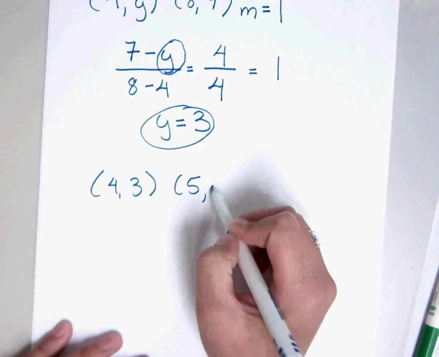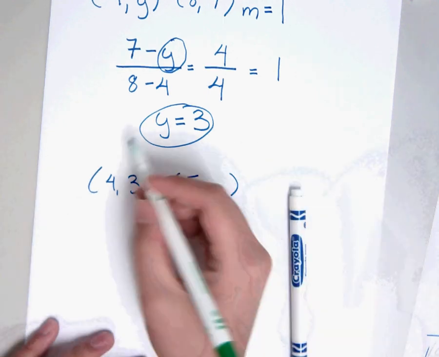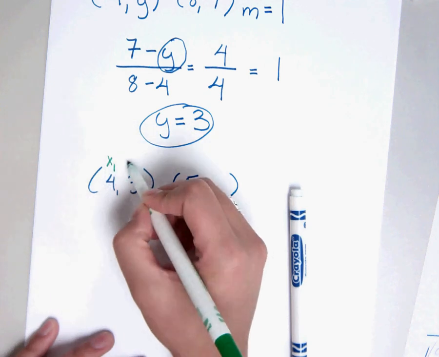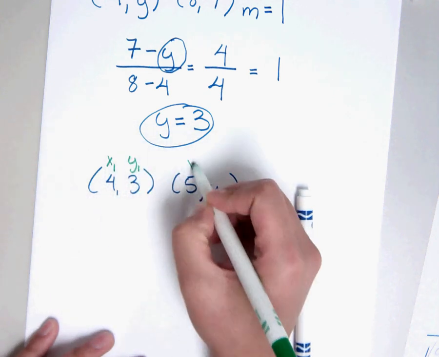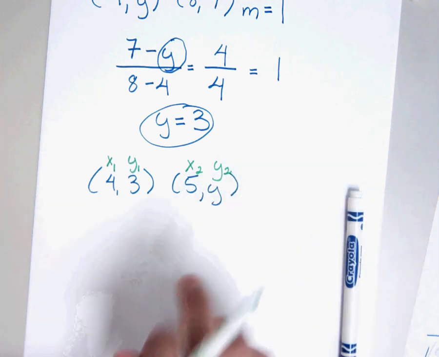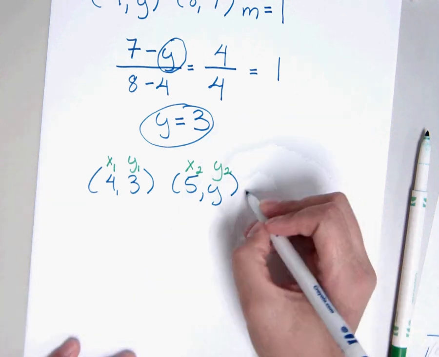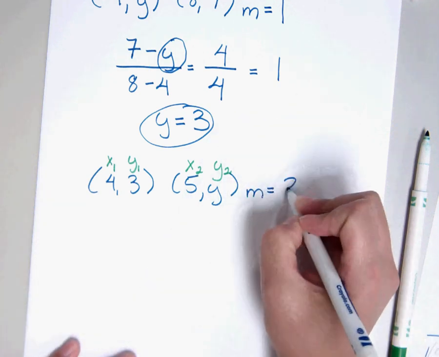4, 3, and 5, y. Go ahead and label x1, y1, x2, y2. And then our slope is going to be 3.